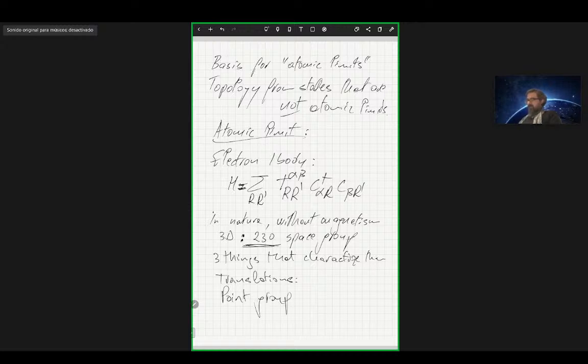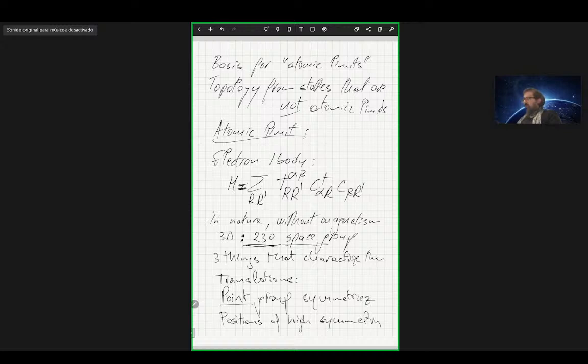So this is space group and point group symmetries. And then it's also characterized by the positions, which are special positions of high symmetry where atoms can sit in a material.